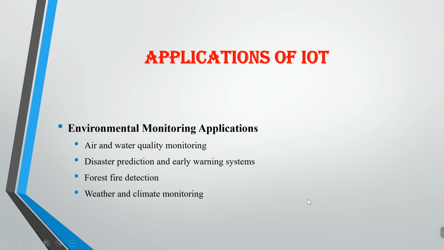Coming to environmental monitoring applications. IoT can also extend its application towards water quality monitoring and air quality monitoring. Even IoT extends its arm to predict disasters and provide early warning systems. Disaster management is one of the major activities of the environment.